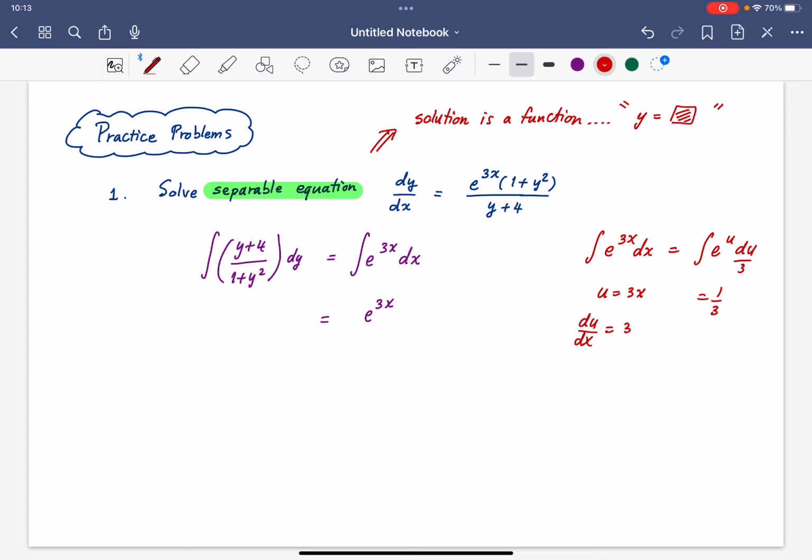So u here, and then d(3x) is 3 dx, so you get 1/3 e to the u plus c. So it's actually 1/3 e to the 3x plus c. So basically here you're going to have 1/3 e to the 3x.